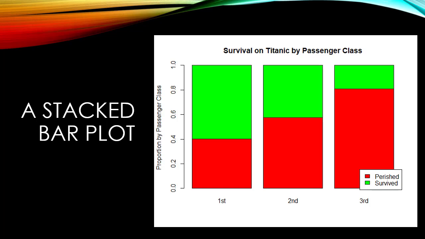When we look at passengers in second-class cabins, we see that the survival rate decreases. When we look at passengers in the third-class cabins, the survival rate decreases even more. This difference in the survival rate for the different cabin classes indicates that the survival rate is related to the passenger class. These two categorical variables are related.